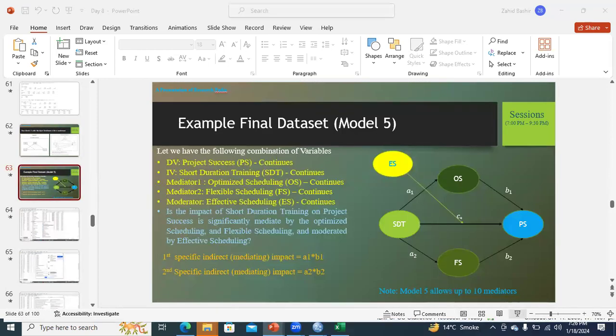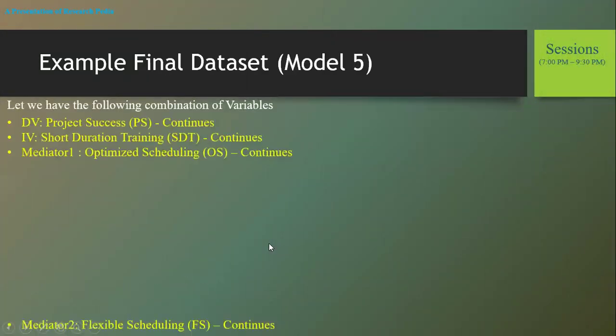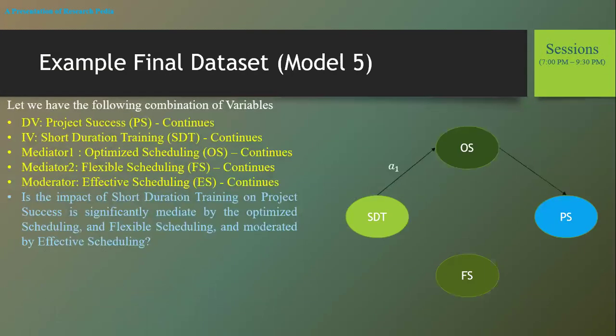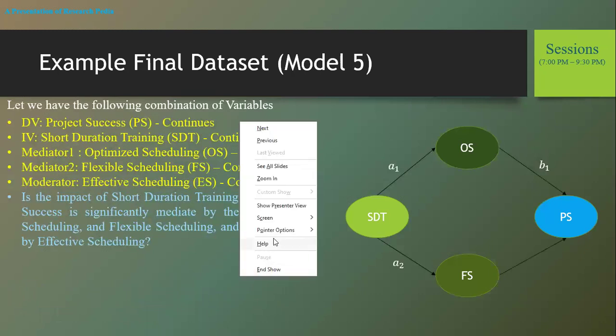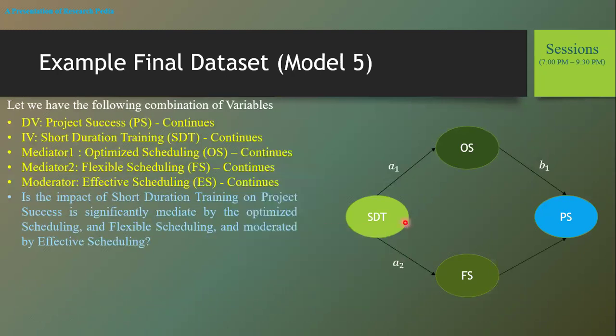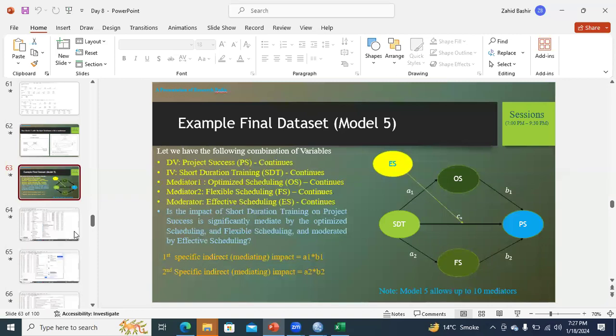It indicates how SDT is impacting FS. So this A2 is your second result, showing the impact of SDT on FS. Next we can see the others also.